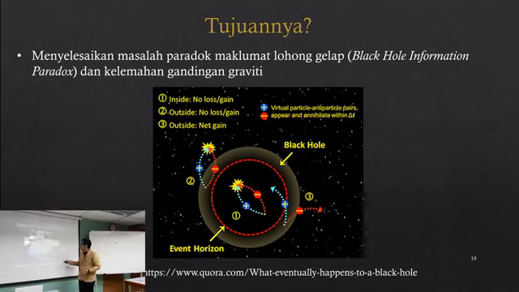Ataupun dia ada certain boundary yang menyekat untuk dia escape. But kita lihat nanti, tak ada gambar sini. Okay, tak apalah. So this is how they are trying to explain the black hole information paradox. So I don't want to explain in detail lah.